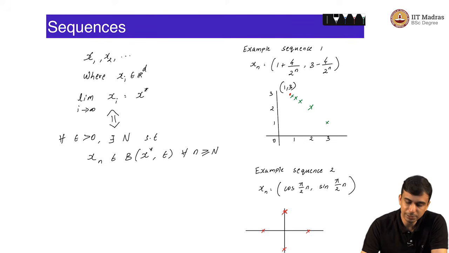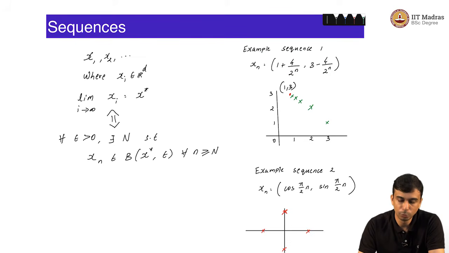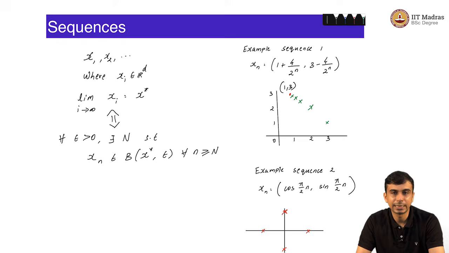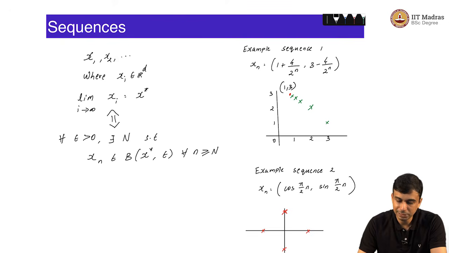So this means that this particular sequence here converges to 1 comma 3, or in other words, limit as i approaches infinity, xi is equal to 1 comma 3. This is an example of a convergent sequence. You cannot say the same for the second sequence. For example, I can draw a ball of radius, let us say 0.1 around any point that you can think of.